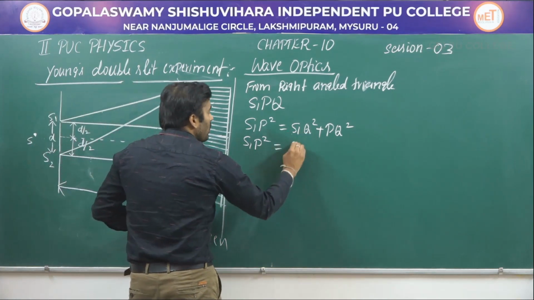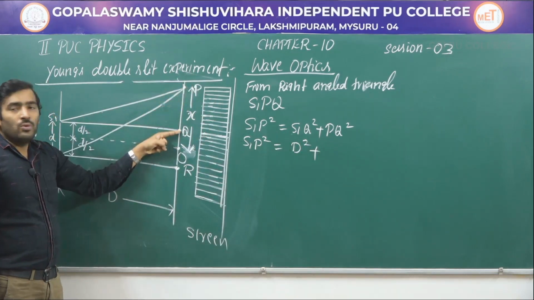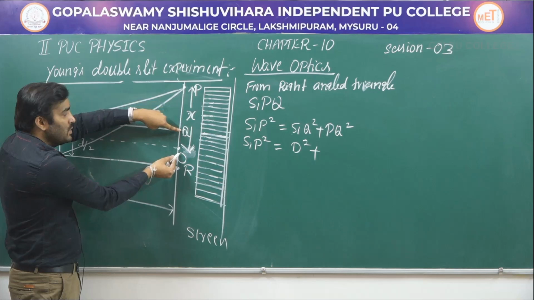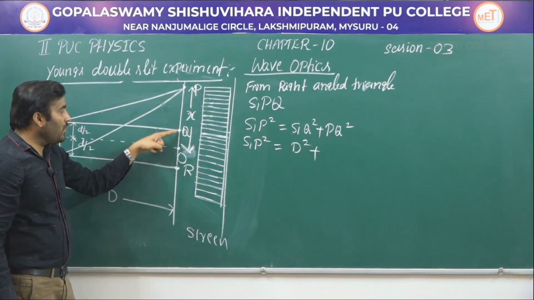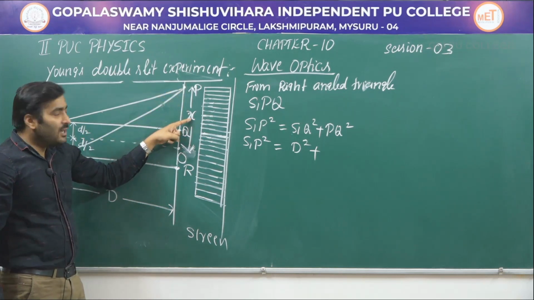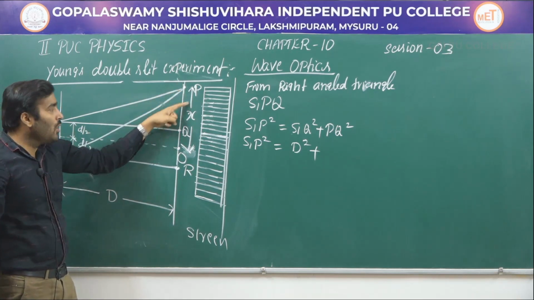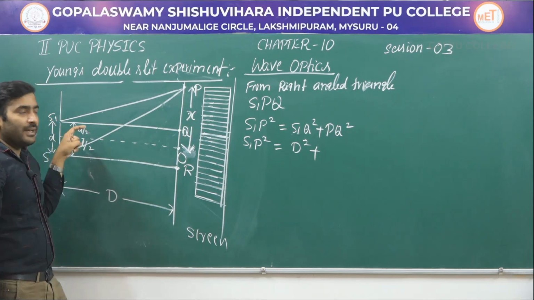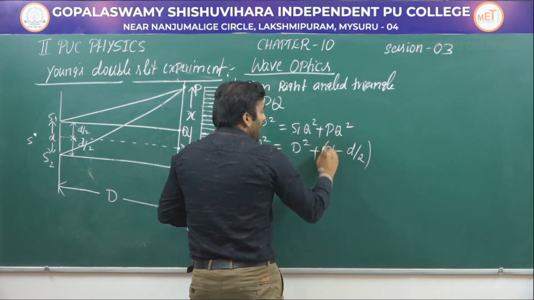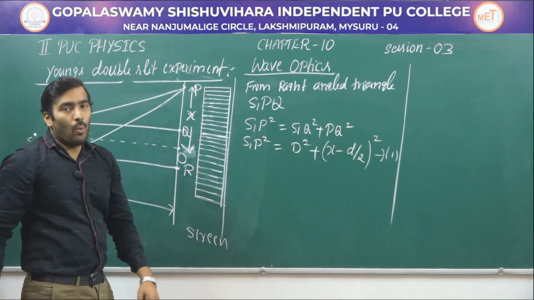So S1Q is equal to D square plus, what about PQ? PQ is nothing but OP minus OQ. OP is x and OQ is d by 2, therefore PQ should be equal to x minus d by 2. So let us write PQ as x minus d by 2, whole square. Call this equation number 1.